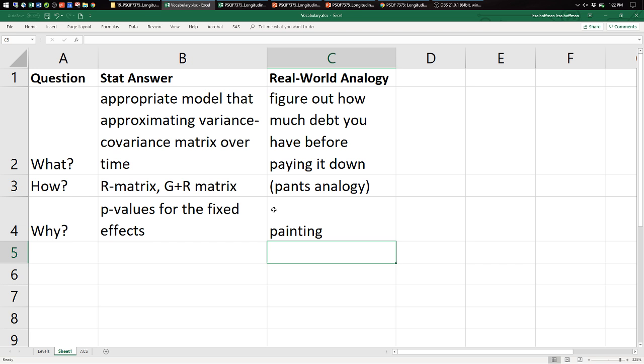The factor analytic model is another kind of pattern. It's characterized by loadings and residual variances and factor variances as its parameters. In fact, in PROC MIXED, there is a repeated option type equals FA, factor analysis.